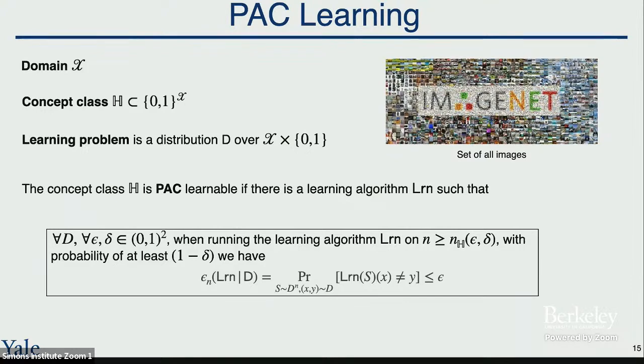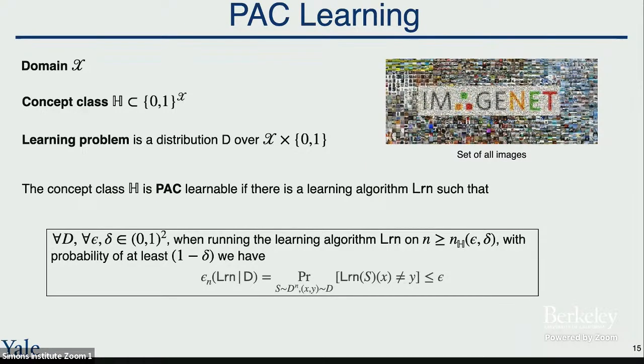What is the risk? It is the 0-1 risk: the probability of error when the learning algorithm, given the training set S, incorrectly predicts on a new data point X. This probability of error should be less than epsilon. This is the PAC learning framework.